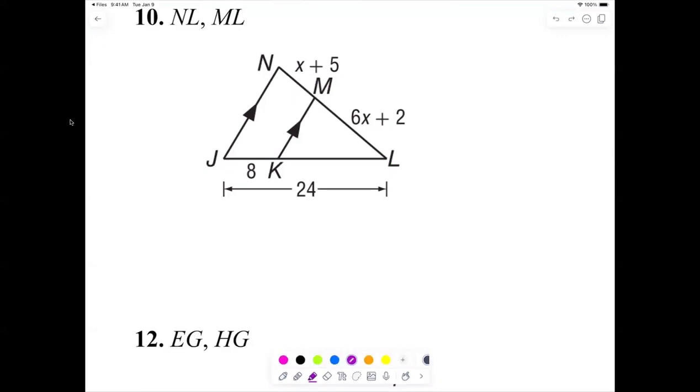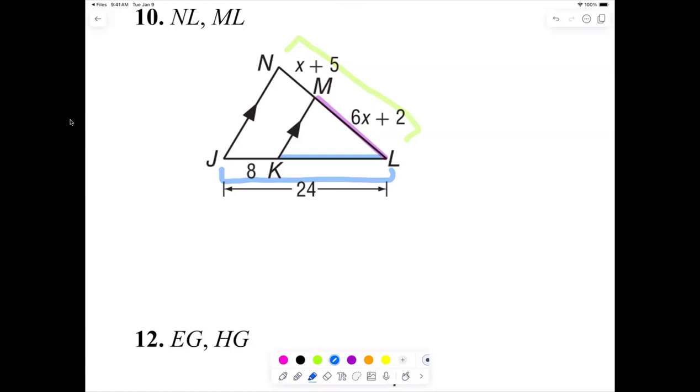Here we go. Look up here, please, and make sure you're hearing me. I just said ML. That corresponds to what? NL. Whoever said that, thank you very much. NL. Do we agree with that? And then we would say KL corresponds to what? JL, correct?